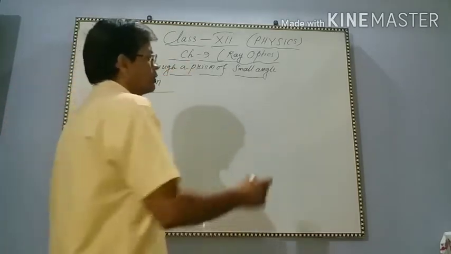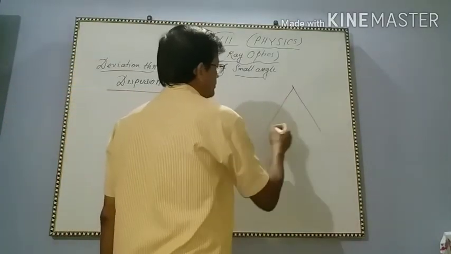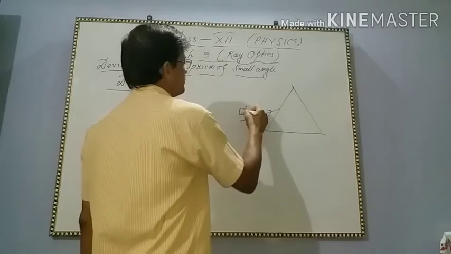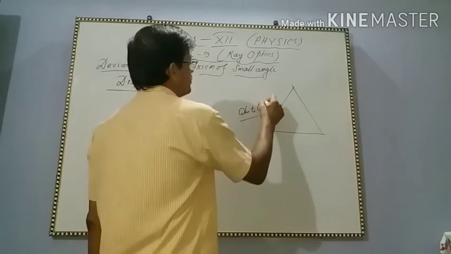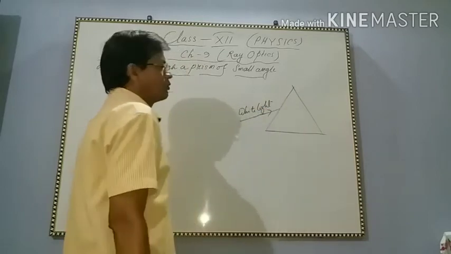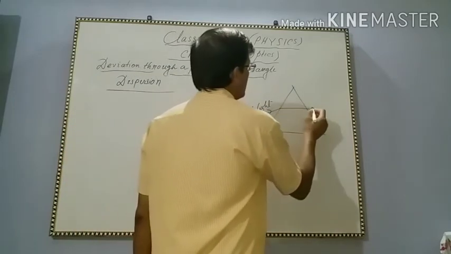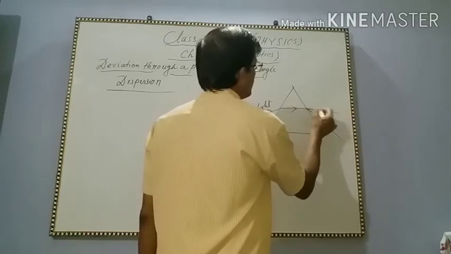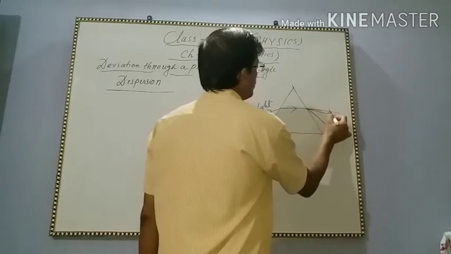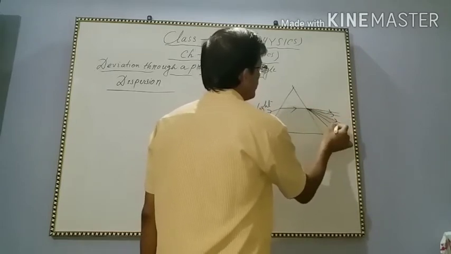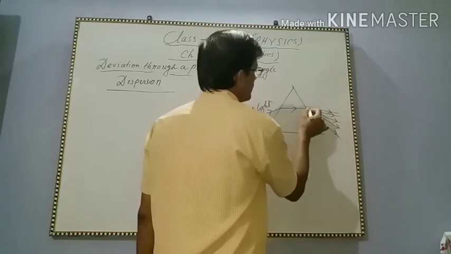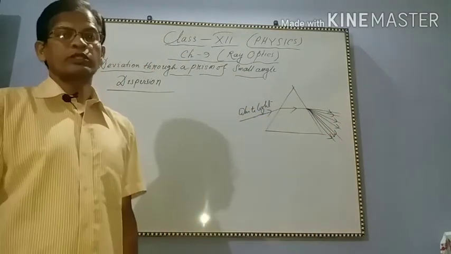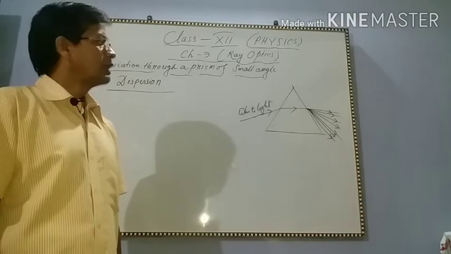When light falls on a prism, suppose this is the prism, and this is white light, white light falls on it, it will split up into 7 colors: 1, 2, 3, 4, 5, 6, 7, like this, 7 colors. This phenomenon is called the dispersion of light.